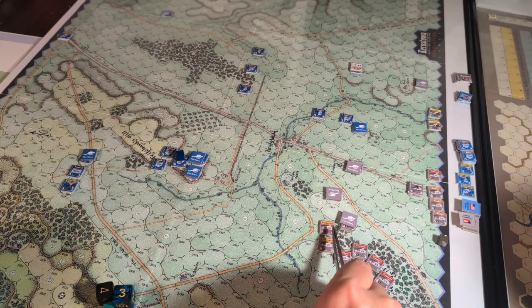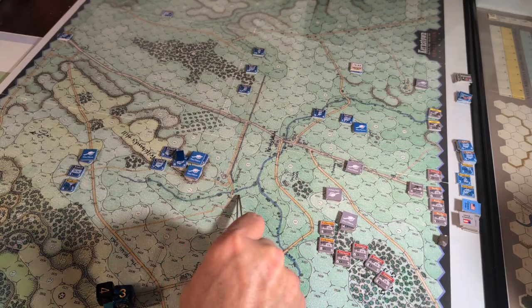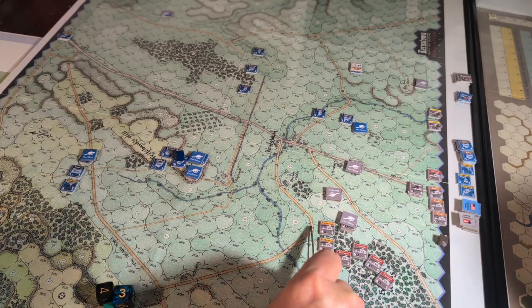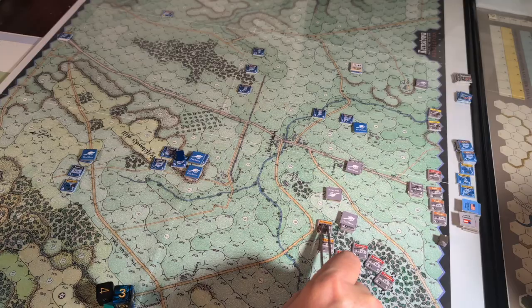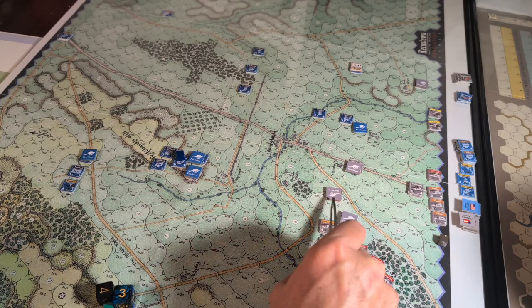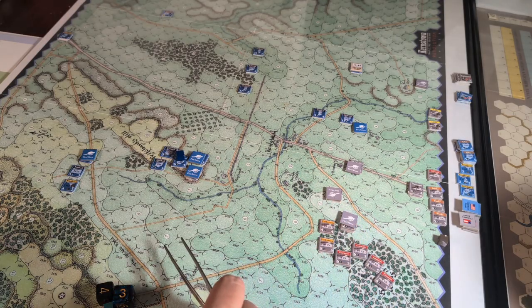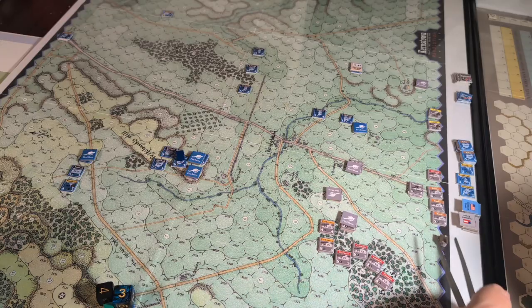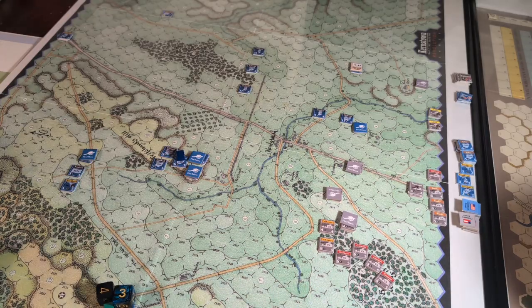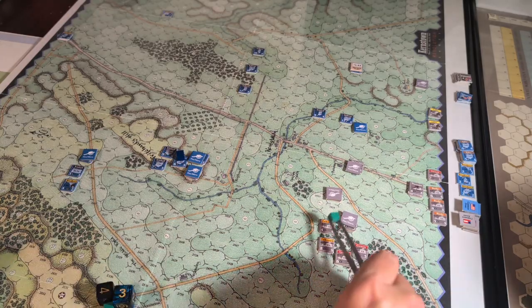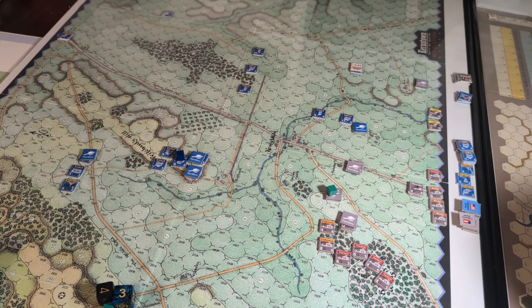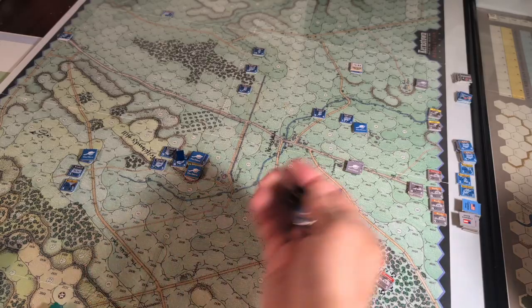And if we fired here, 1, 2, 3, 4, 5, 6, 7, 8, 9, 10, it'd be the same thing, but that's in light woods. This is not. So we're firing here. So we're going to be firing it with a strength of only 1.